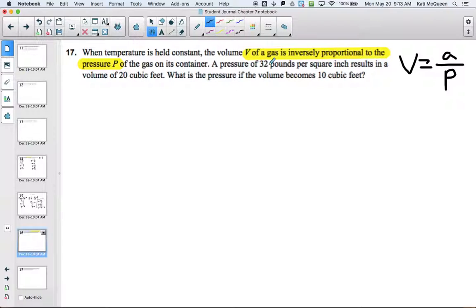A pressure of 32 pounds per square inch results in a volume of 20 cubic feet. So this is telling me when P is 32, right, they say a pressure of 32 pounds per square inch results in a volume of 20 cubic feet. What is the pressure if the volume becomes 10 cubic feet? Okay, so this is like that set that they give us.